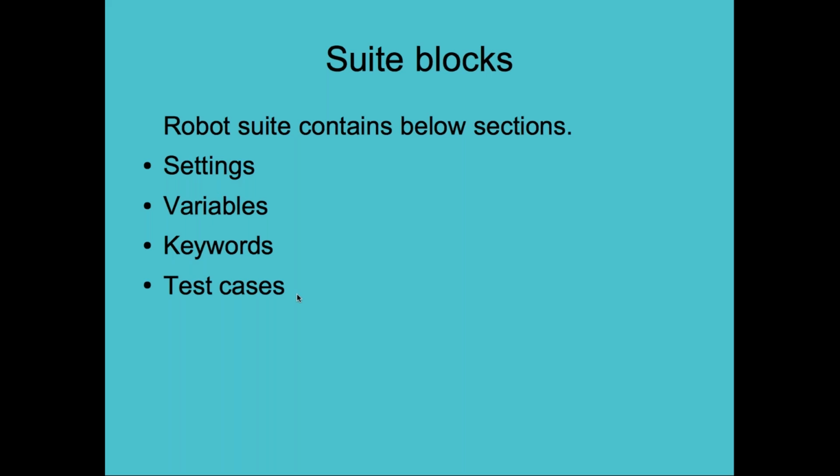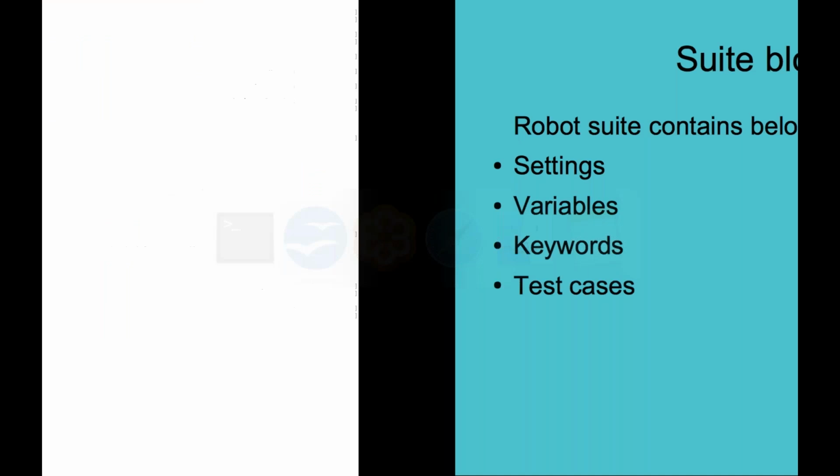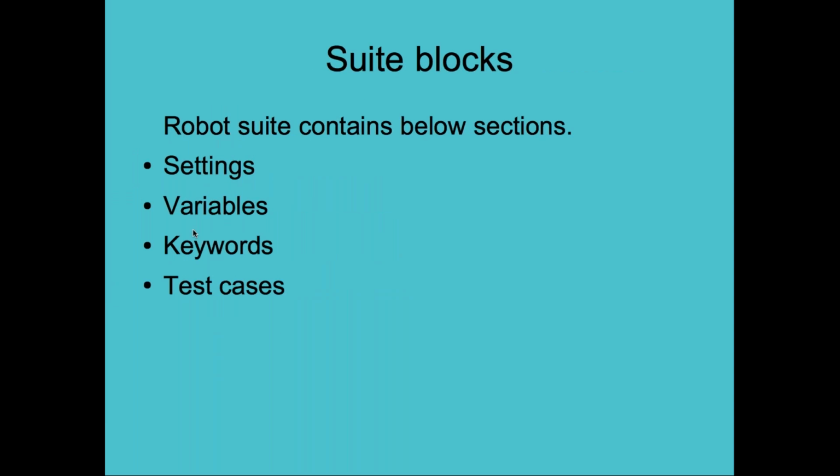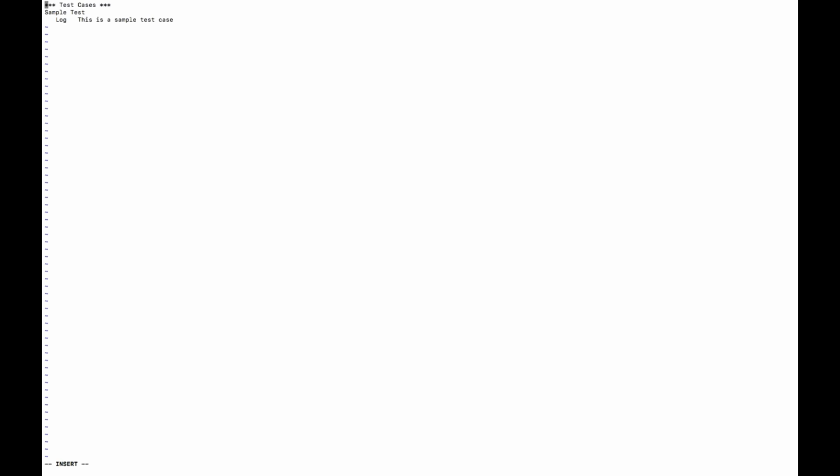But test cases is mandatory, because if you don't create any test case in the suite, there is no point in executing the suite. So we have to define at least one test case. That is the reason in the sample test case, we didn't create settings, variables, or keywords. We created only a test case.